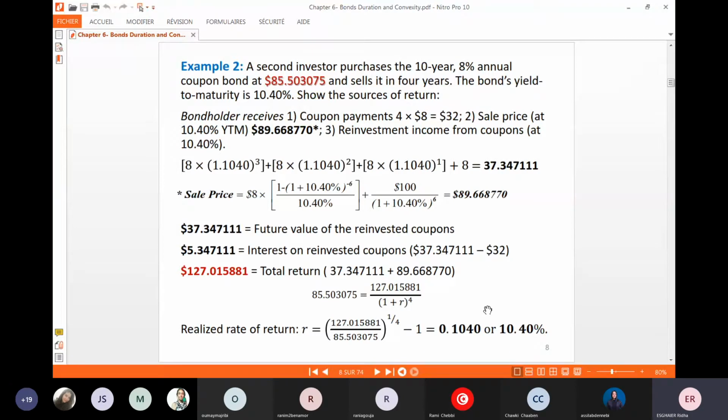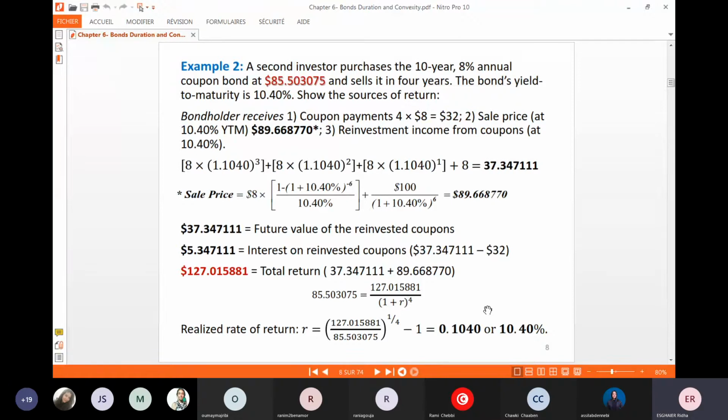Because simply the reinvestment rate of the coupons did not change, it stayed at 10.4%, the same as the original yield to maturity. And the price at which this bondholder sold his bond is a price based on the 10.4% yield, the required rate of return.